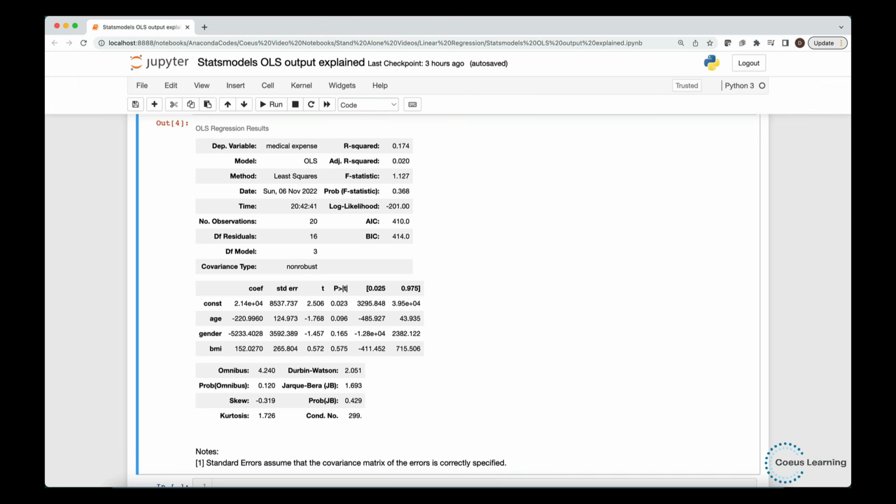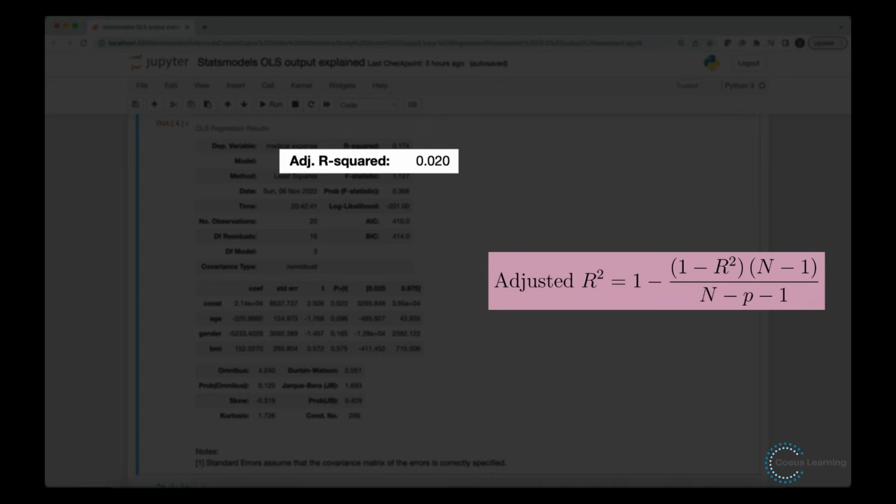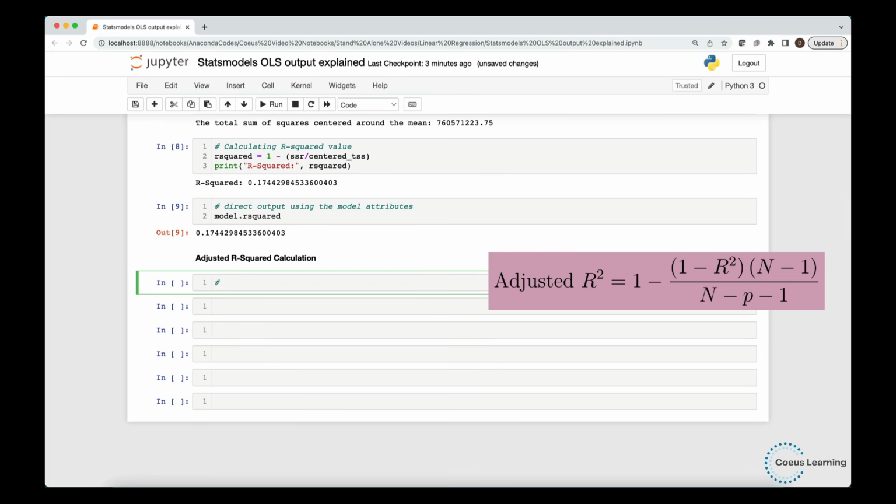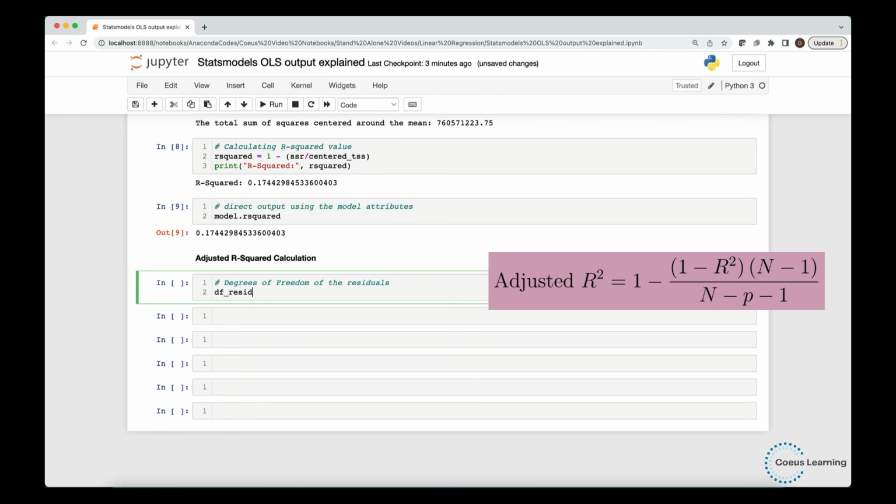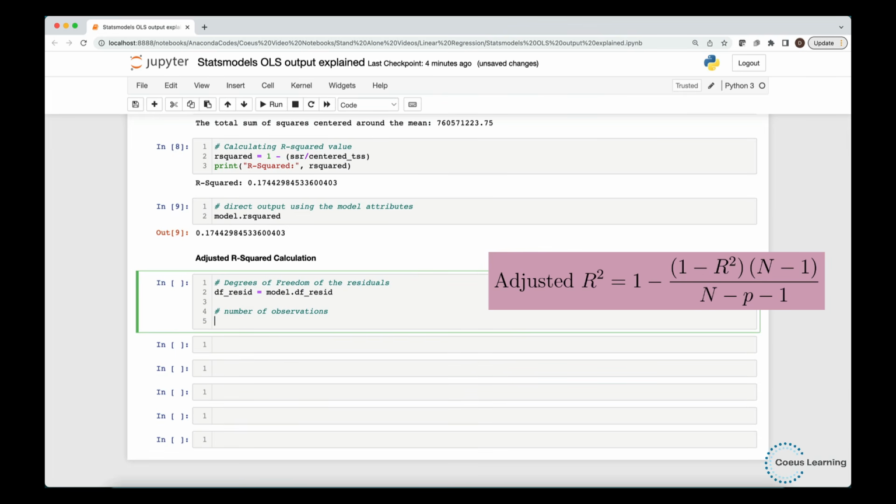Now, let us see how the adjusted r-squared is calculated. Adjusted r-squared is the penalized version of the r-squared. It considers the degrees of freedom of residuals, that is n-p-1, where n is the number of observations, and p is the number of predictor variables. We get the number of observations from the shape attribute.